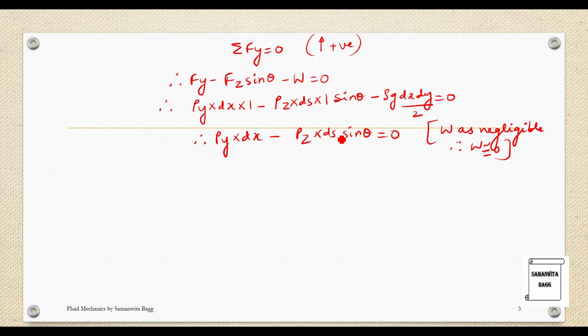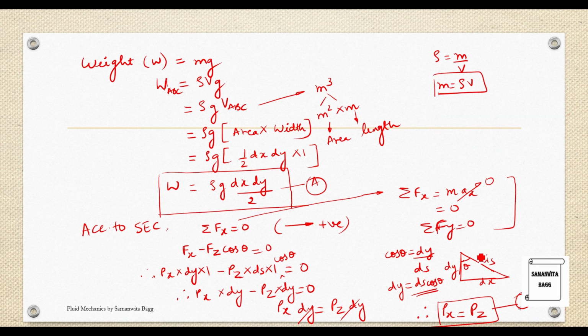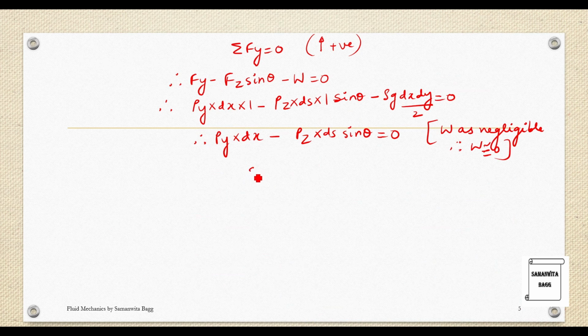Now I need to talk about ds sin theta. If you look at this triangle again and you talk about sin theta, it is opposite upon hypotenuse. So I will have sin of theta will be dx by ds. If I have to find the value of dx, it will be ds sin theta, which is what I want to substitute.